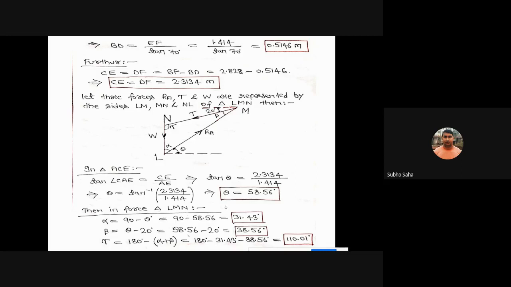Yes, sir. Fine. Okay. So if theta we have calculated, then in this sine law, if you see the triangle LMN, what will be the value of angle alpha? Because see, this entire angle is 90 degrees. So the value of angle alpha will be 90 minus theta.